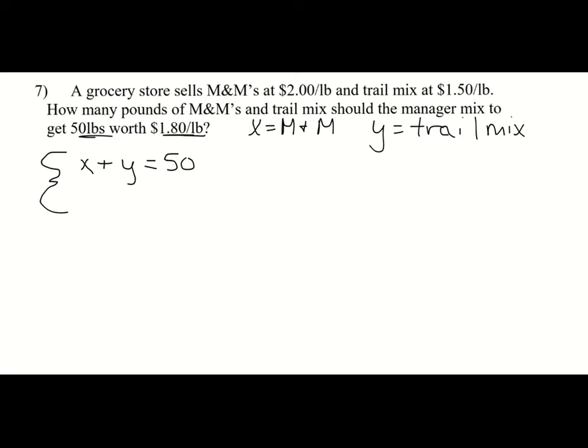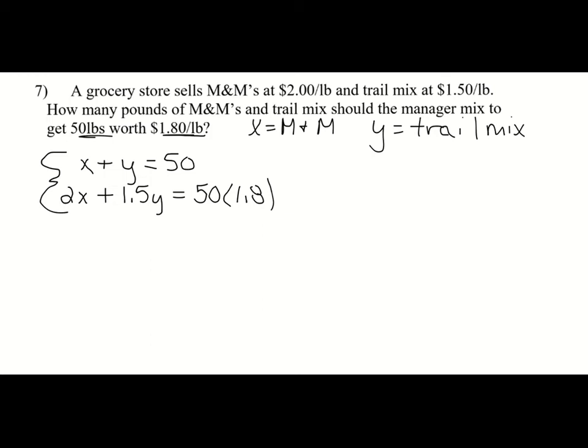Now, the other equation that we're going to write here, this one's going to deal with the price. So we know that it's $2 per pound. So we're going to do 2 times X plus it's $1.50 or 1.5 Y. And then we know that it has to equal $1.80 per pound, but they need to have 50 pounds. So this is where it's a little bit different. We're going to put our 50 times our 1.8 here, or the cost.